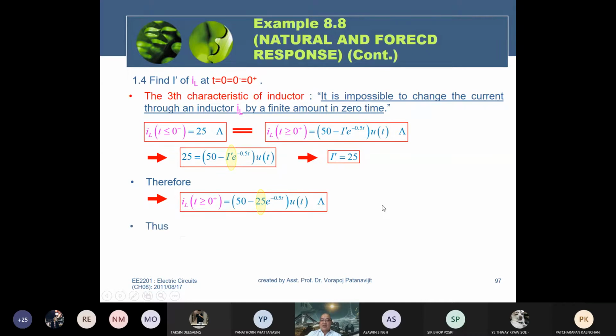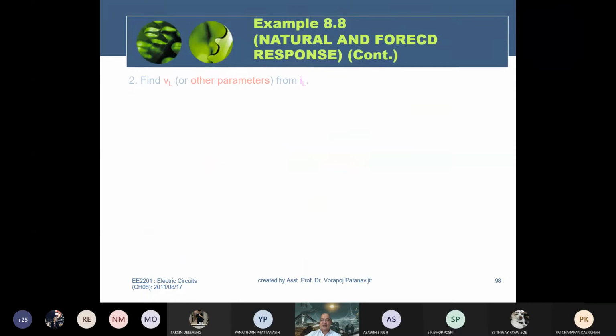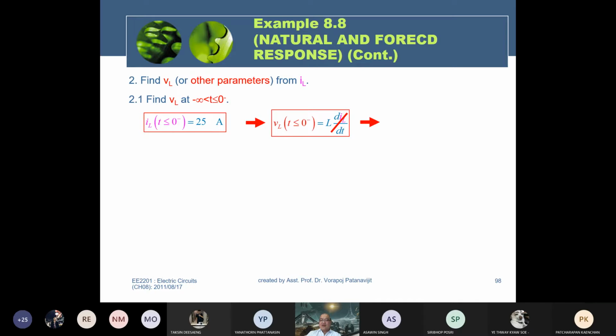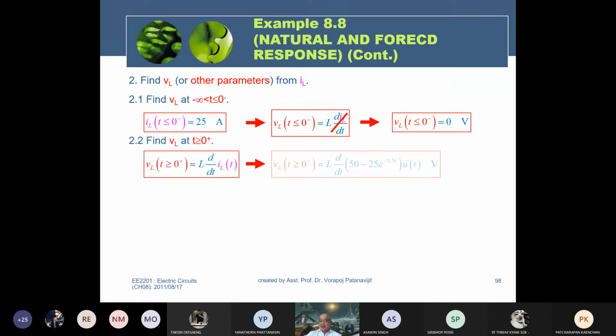And if the question asks you for other parameters, derive them from IL, the inductor current, such as here. The question asks you to determine the inductor voltage. For time less than 0, the inductor current is fixed. It equals 25 amp. Therefore, taking the derivative of the constant gives you 0. And for time greater than 0, the inductor current is equal to 50 minus 25 e power minus 0.5 t.